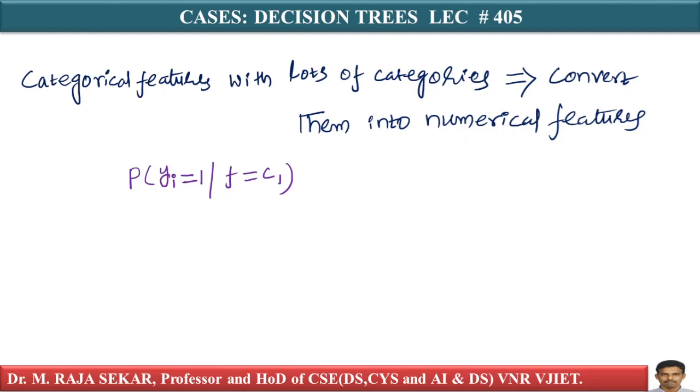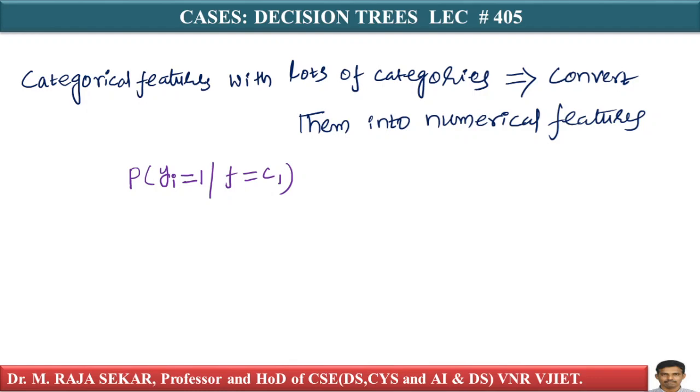We saw this in one of the previous lectures. Especially with categorical features with lots of levels, it's useful for both speed and interpretability, and to avoid overfitting and data sparsity issues, to convert them into numerical features using this probabilistic conversion.